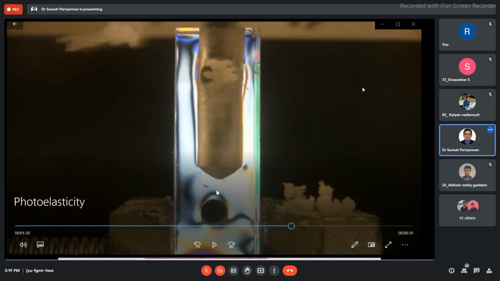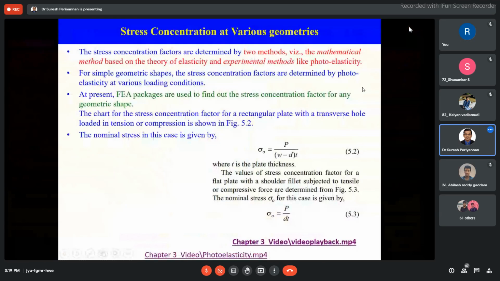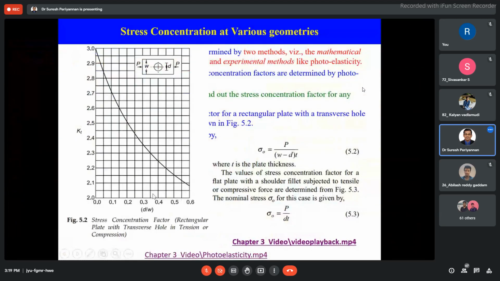Okay, the tip of the drill bit more stress concentration, it can be observed with the help of the photoelasticity. Okay, now this is whatever we just now we discussed.